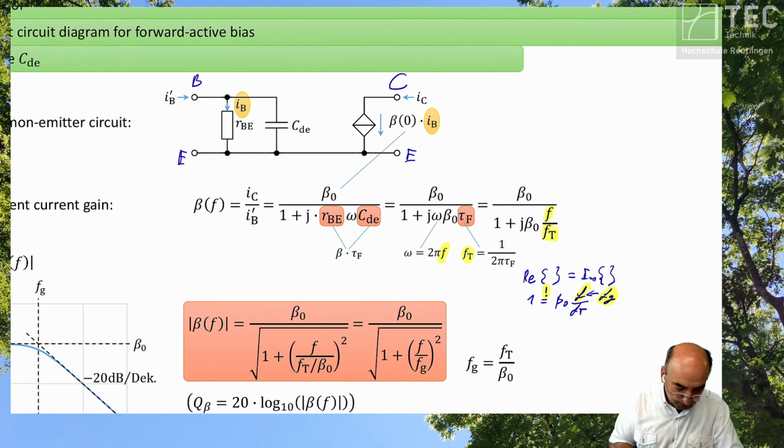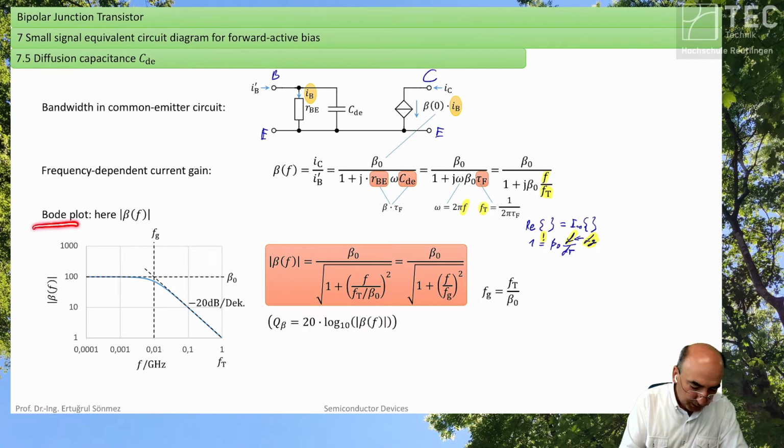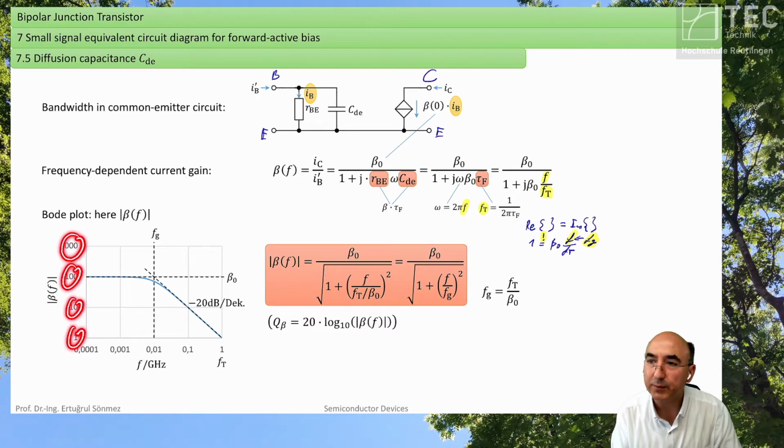Now, in the Bode diagram, you just plot the absolute value either logarithmically, or you can just calculate the so-called Pegel. It's 20 times log of this value here. So I have chosen to just plot the absolute values themselves.